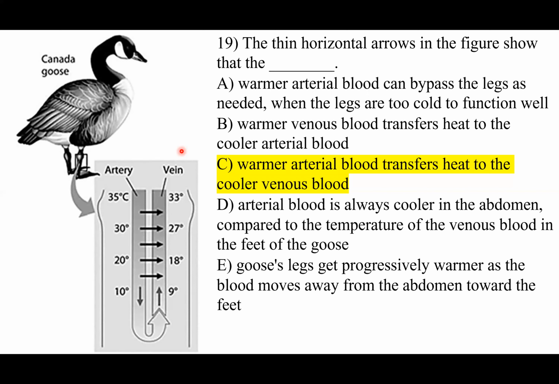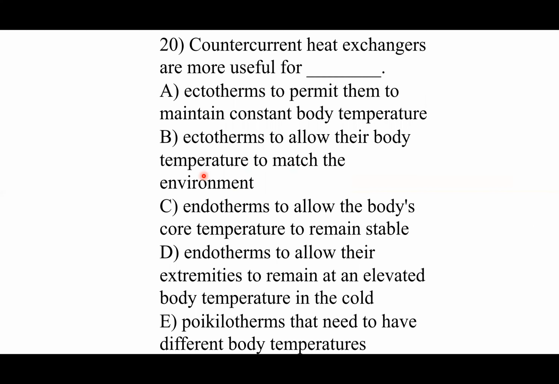And so blood from the veins is cooler because it's further away from the heart, and it's coming back to be warmed up. So essentially in this concept, the artery and the vein are next to each other, so there's some heat transfer here. And finally, countercurrent heat exchangers, which is what we just talked about, are more useful for endotherms to allow the body's core temperature to remain stable.